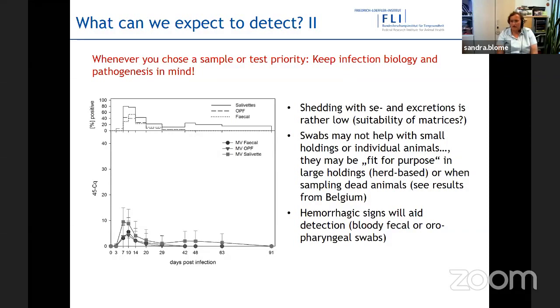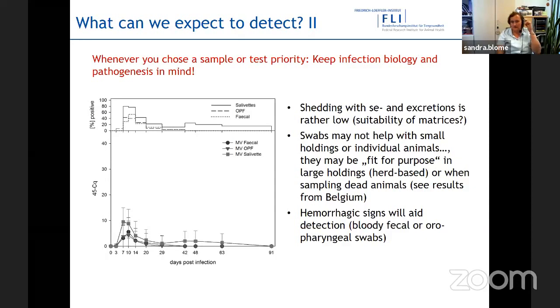If you look for a herd-based result or when sampling dead animals, it can be that it is fit for purpose. There are actually some studies from Belgium where they show that nasal swabs from fallen wild boar give very reliable results. This contrasts a bit with what I show here, but in the end, if an animal is dead and you have a lot of blood everywhere, this is not really a problem to detect.